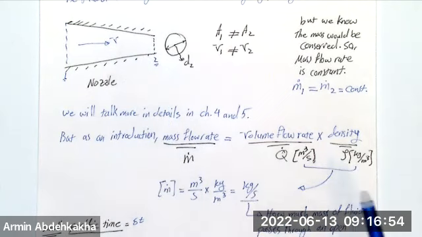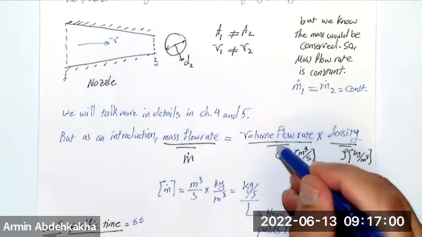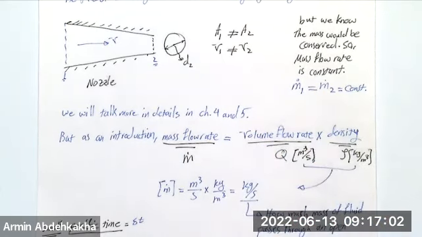Okay, just check the units. You can also write the Q, but it has to be Q dot. I'm not sure why the book used that, but it doesn't matter, as long as you know the meaning. Volume flow rate times density is the mass flow rate.